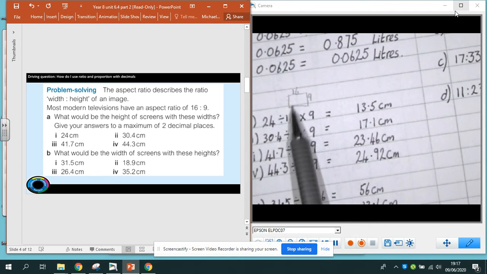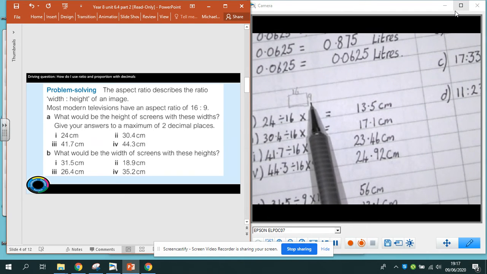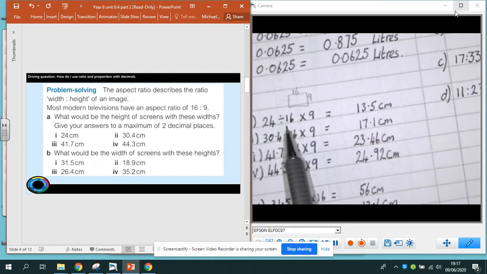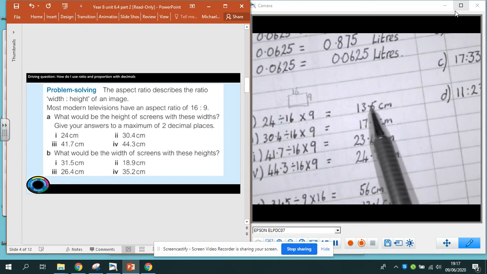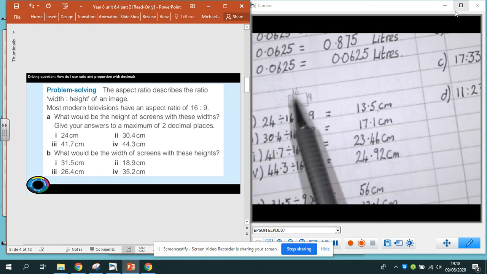So for every 16 it goes across, it goes up 9. So the first thing I've got to do is see how many 16s I've got. So I divide 24 by 16 and then multiply my answer by 9, which gives 13.5. So my first television is 24 across by 13.5 high.